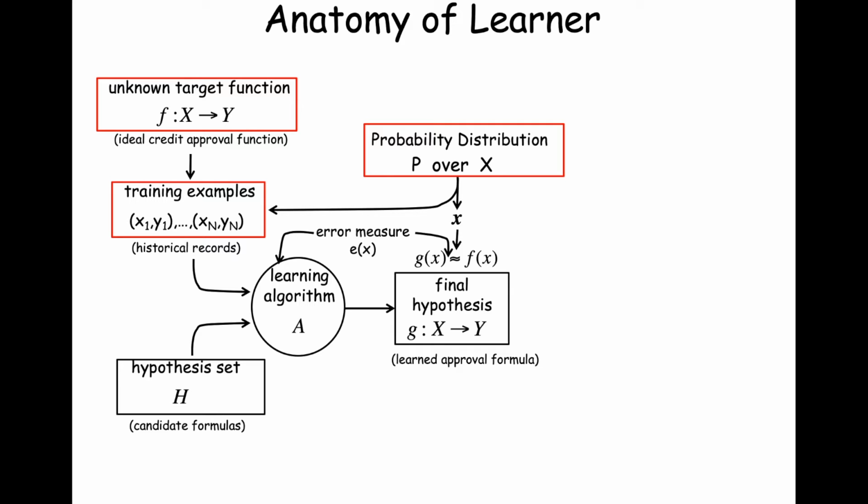And so, therefore, for each one of our customer records from the historical database of the financial institution, we have an associated ground truth label, and our learning algorithm is trying to find a function that most closely matches or mimics this labeling of the target function.